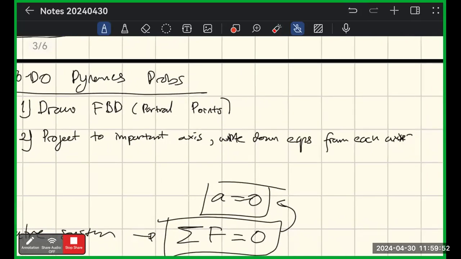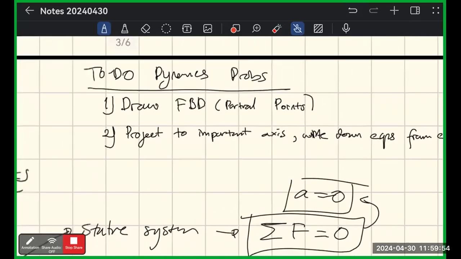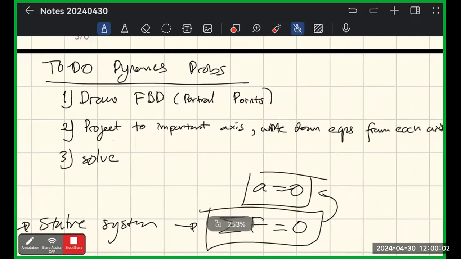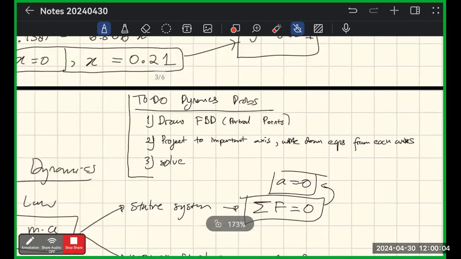And then the third one, of course, solve the equations, and that's it. That's the only thing that you need to do in free body diagram.